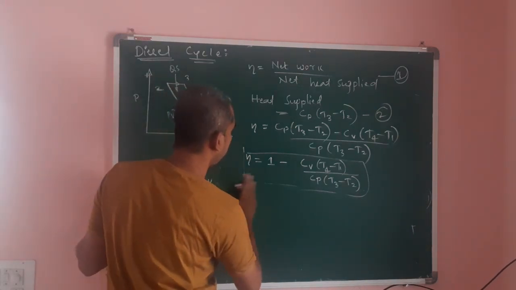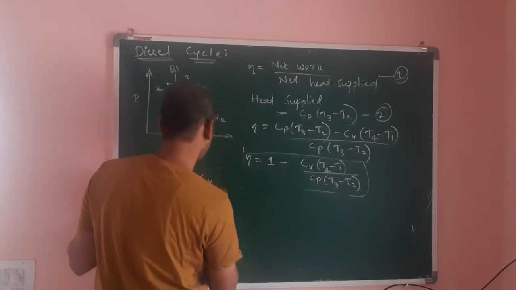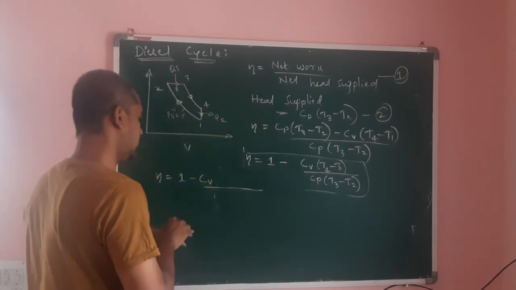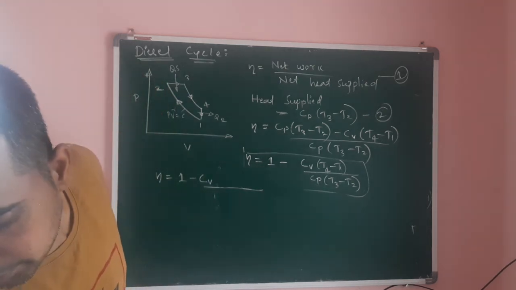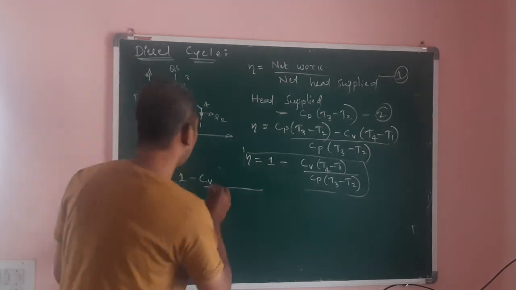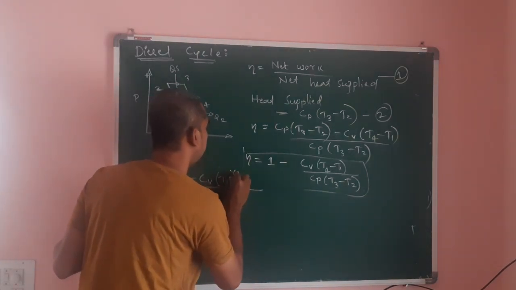T4 we have calculated in terms of T1, so I will write here T4 minus T1, where T4 is equal to T1 r raised to gamma minus 1.